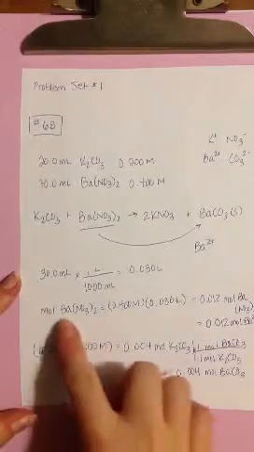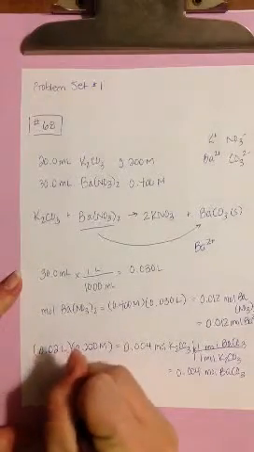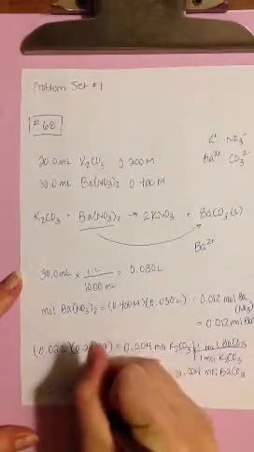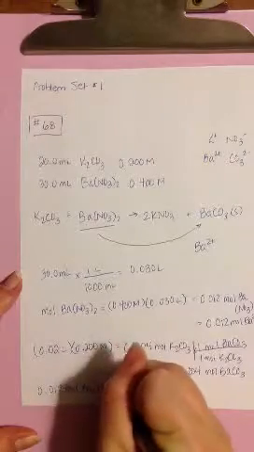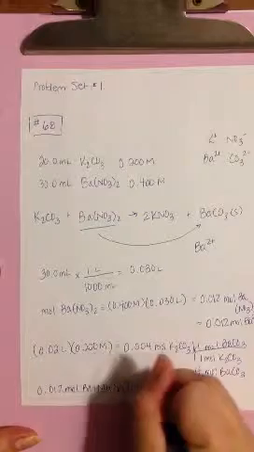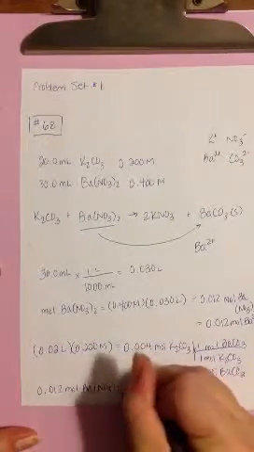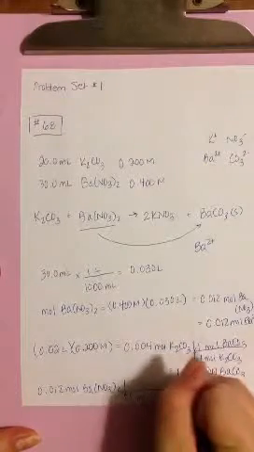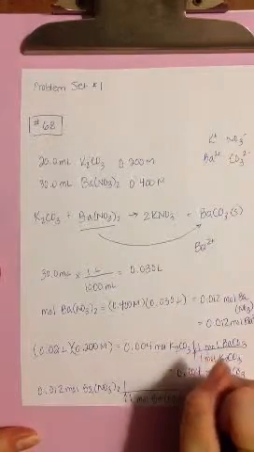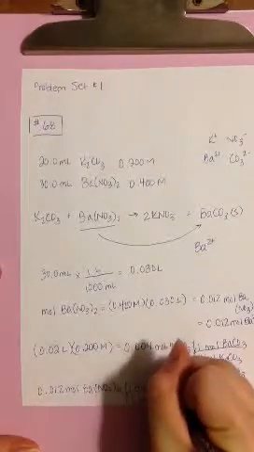Now I already found out how many moles of barium nitrate there were up here, so I have 0.012 moles of barium nitrate. That was just my first step here. And if I do my little T-chart, in my balanced equation, there's 1 mole of barium nitrate for every 1 mole of barium carbonate.